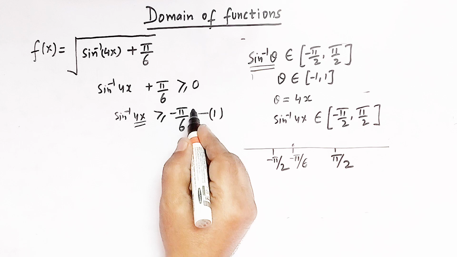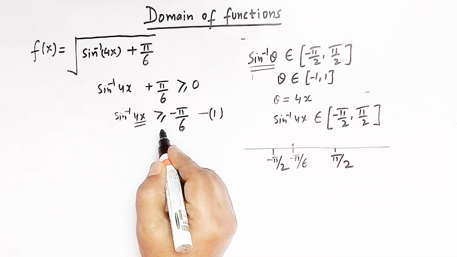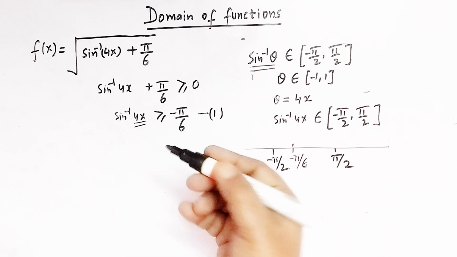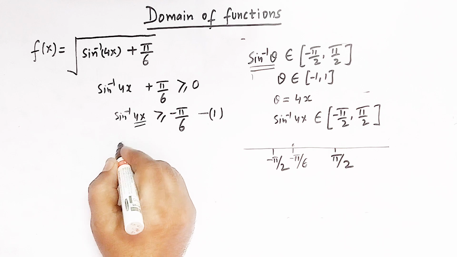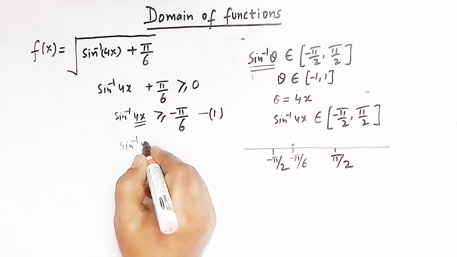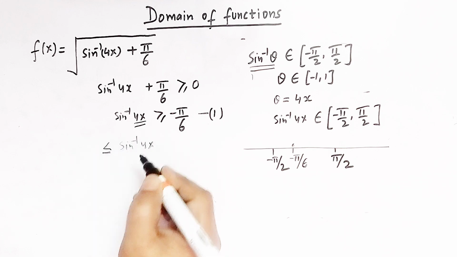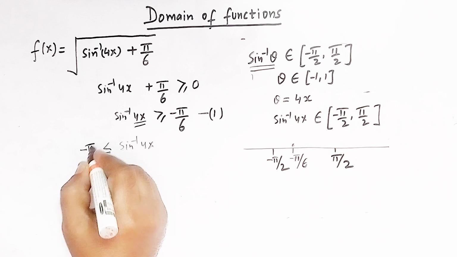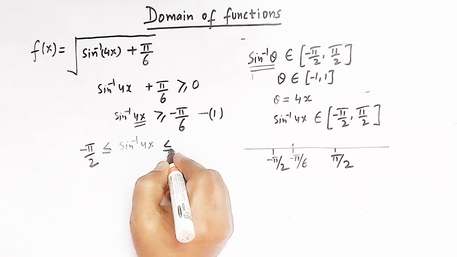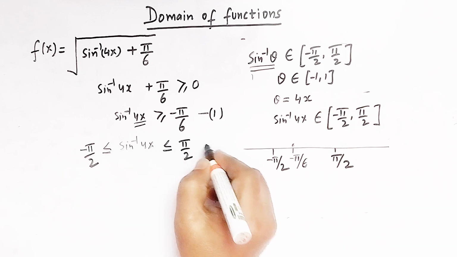So now we can merge the inequalities, that is, sine inverse 4x is greater than or equal to minus pi by 2 and less than or equal to pi by 2.